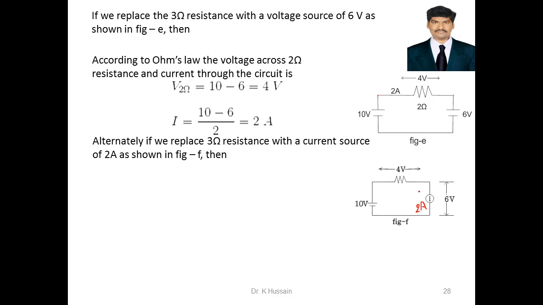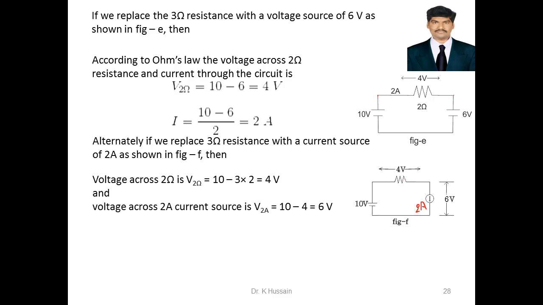Now find the values again here, in a simple manner. This value is the current source, this is the 10, and this value is already 2, right? You can just check how it is. Voltage across the 2 ohm resistor: you need to find 10 minus this, which we already know. The resistance was actually 3, right?